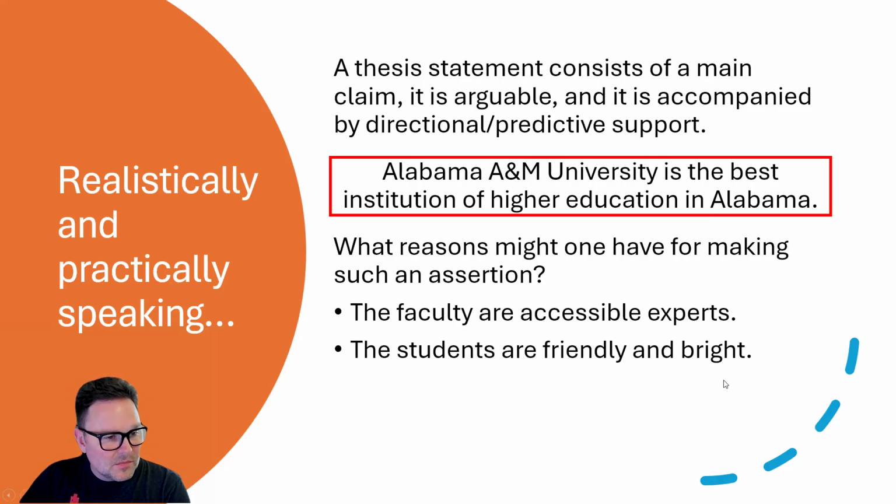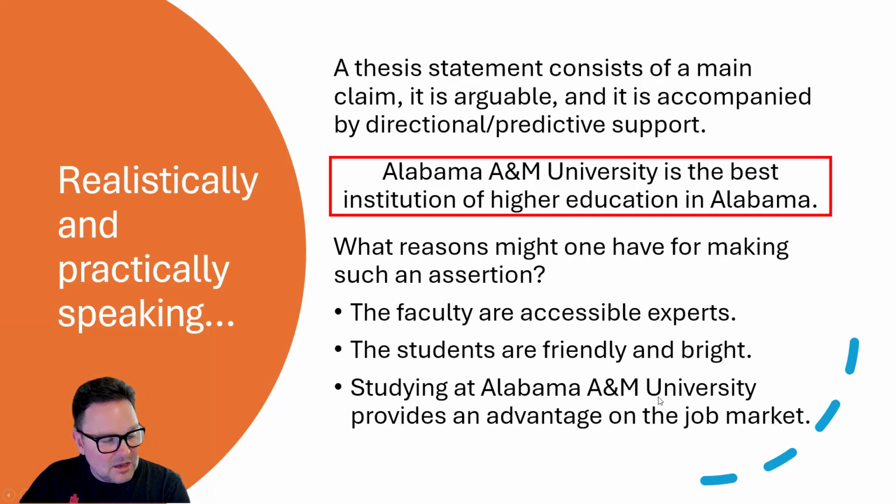The students, they're friendly and bright. Studying at AAMU gives me an advantage on the job market. So these are all reasons why somebody might make this claim. Again, this doesn't have to be right or correct or any kind of notion like that. My responsibility for making this case is just to have some reasons to back this up.